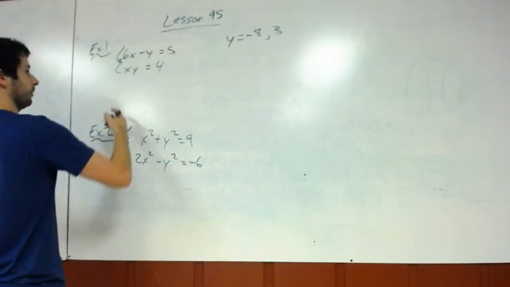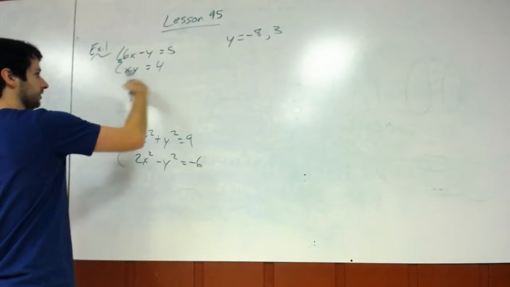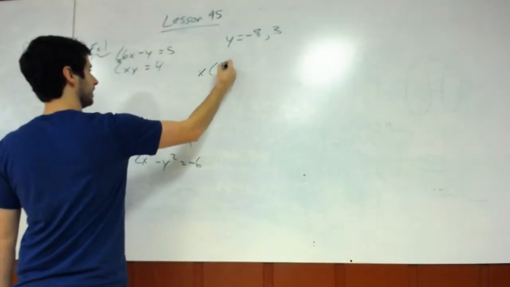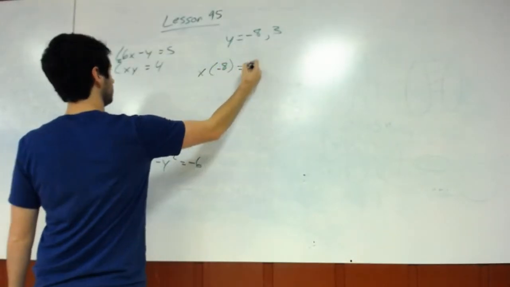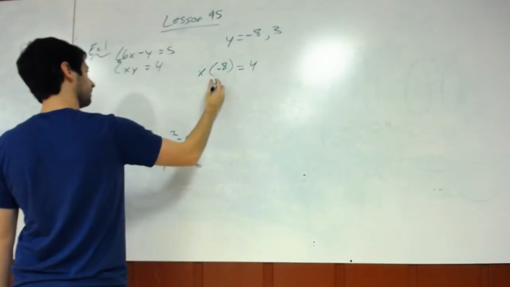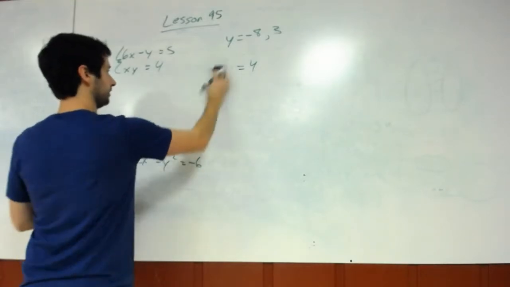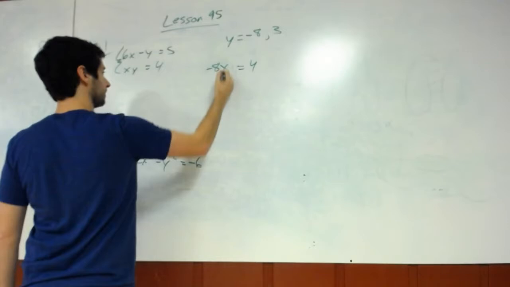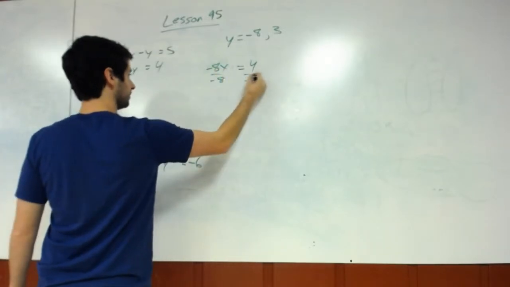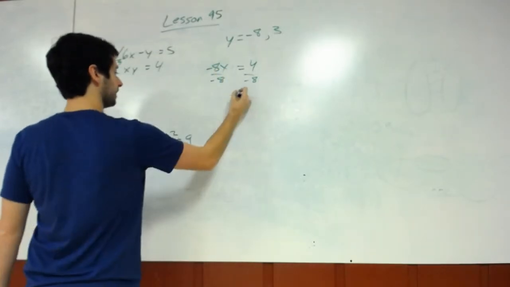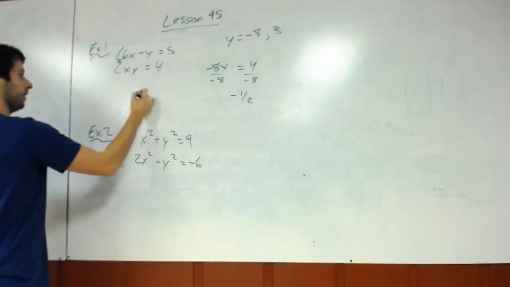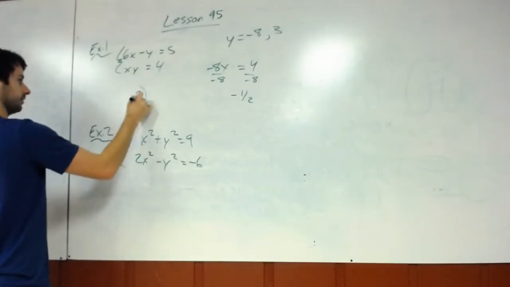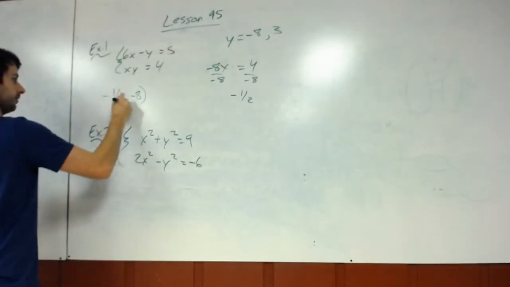It doesn't matter which equation we look at, we can look right here. Let's say we're plugging in x times negative 8 equals 4. I'll write it this way so you can see it better: negative 8 times x divided by negative 8. So that would be negative 1/2. So when y is negative 8, x would be negative 1/2.